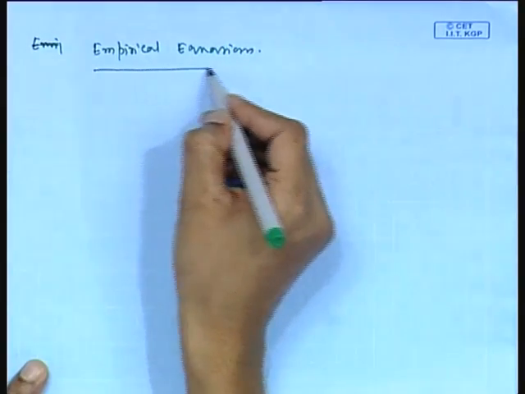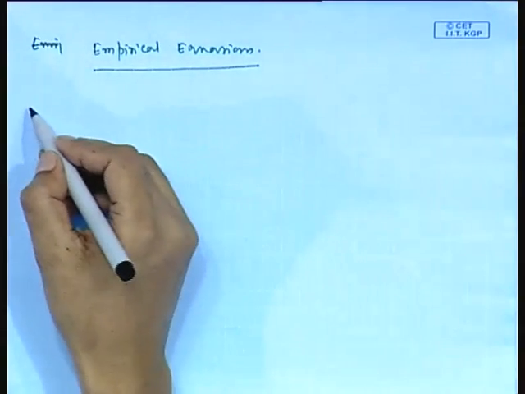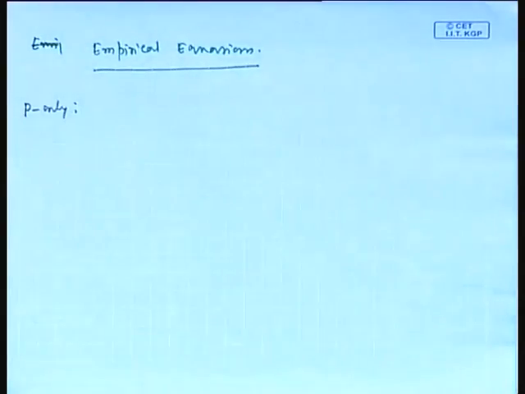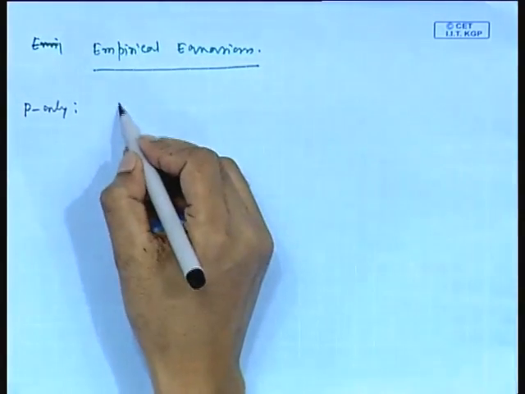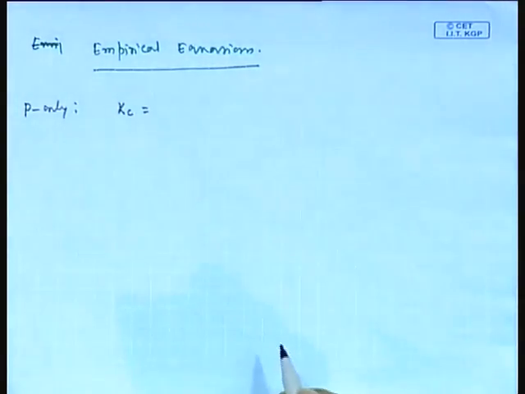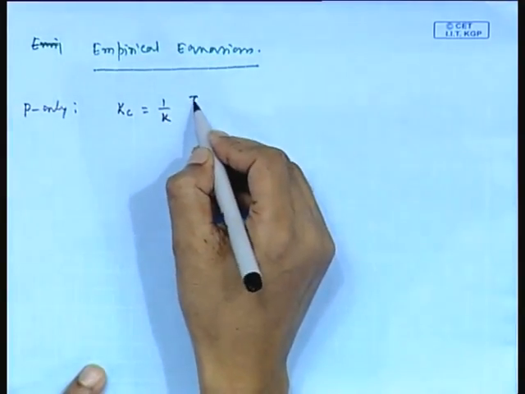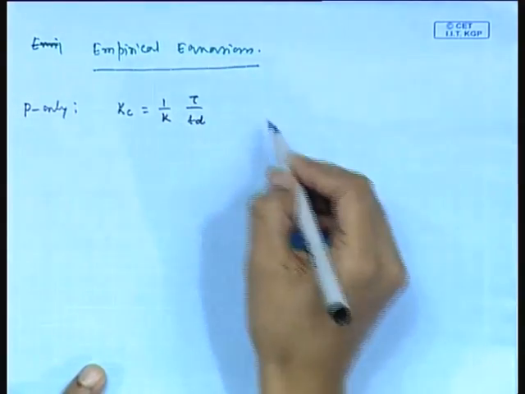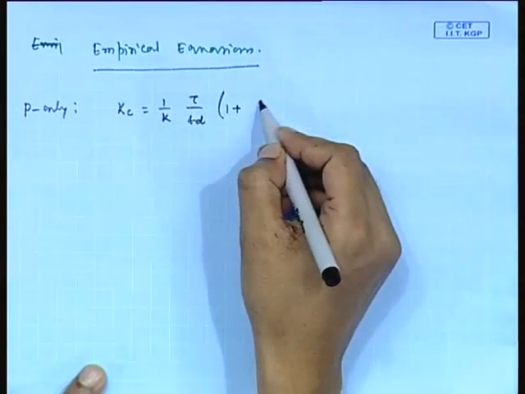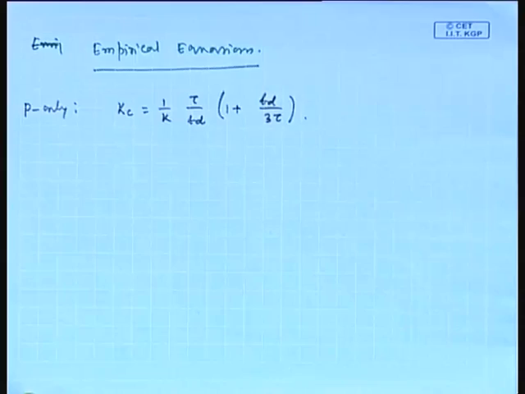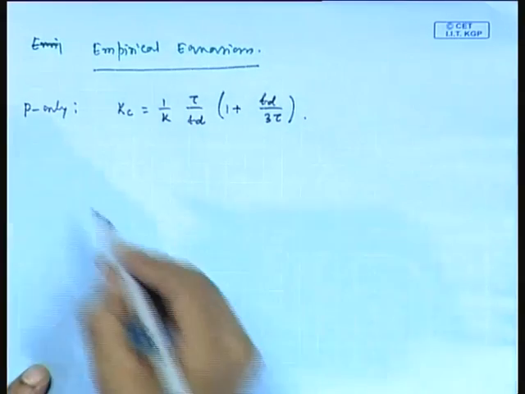They have derived the equations introducing change in load variable. For P only controller, they got the expression for Kc, where Kc equals 1 by K, tau by Td, into (1 plus Td by 3 tau).